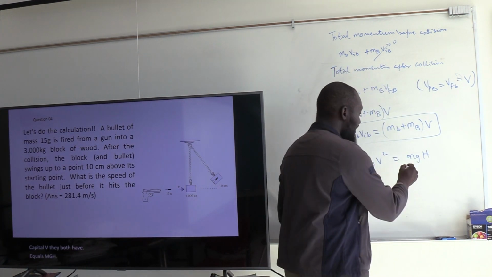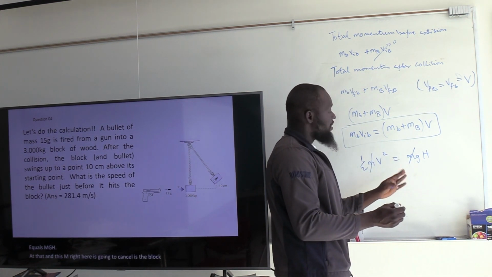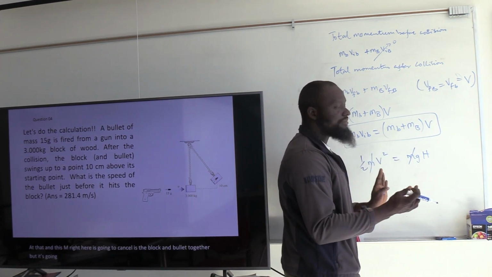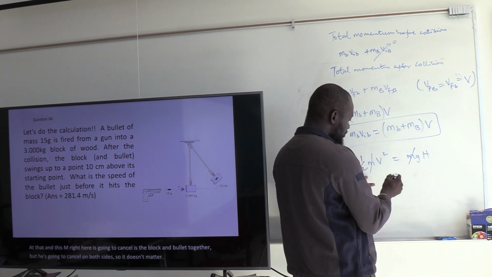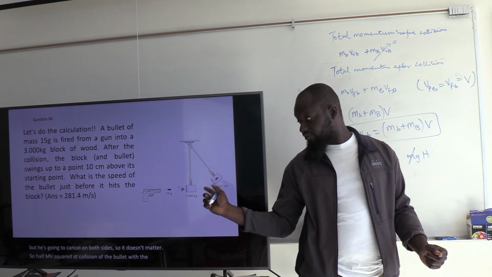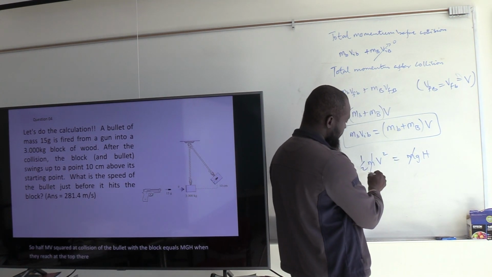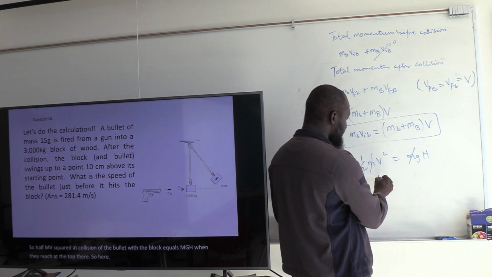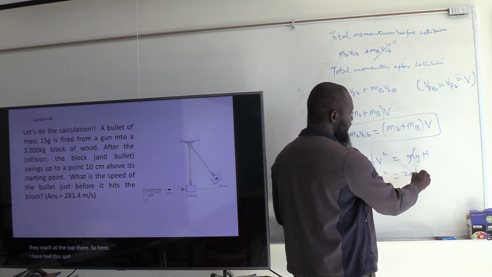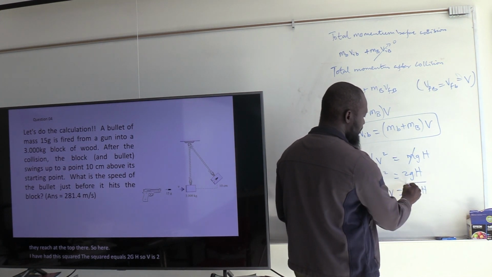The m here is the block and the bullet together, but it cancels on both sides, so it doesn't matter. So here I have half V squared equals gh, so V is the square root of 2gh.